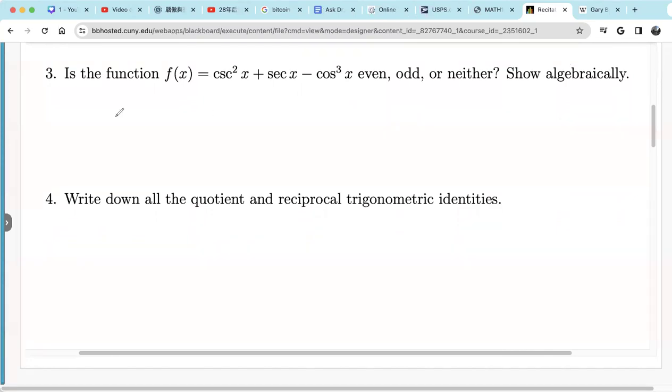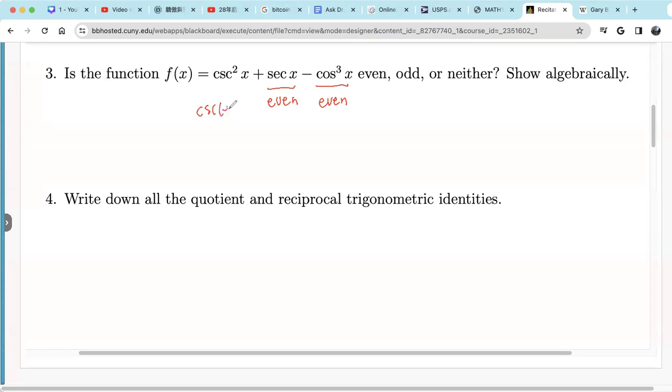Let's see, 3. Number 3 is a mix of cosecant, secant, and cosine. We know cosine is even, and secant, which is 1 over cosine, is even. But cosecant, which is 1 over sine, is odd. However, we have cosecant squared.